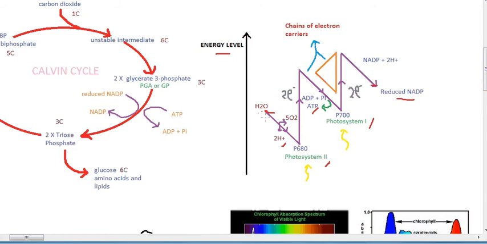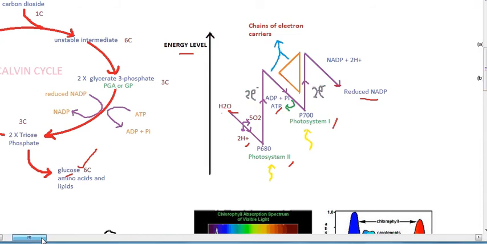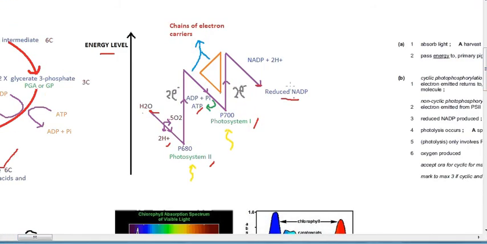This light dependent stage is the production of ATP. It's not anything to do with the production of glucose. Okay, glucose is produced in the light independent stage. In this stage, we're just concerned about getting these ATPs, okay, and this reduced NADP.